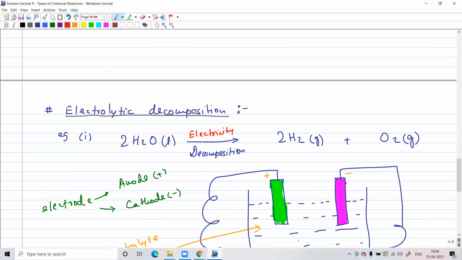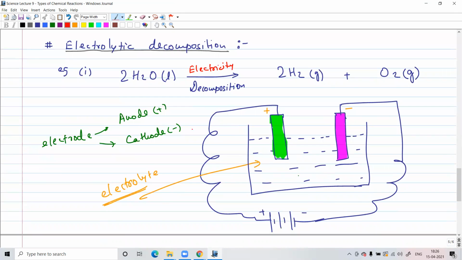And for electrolytic, all those electrolytes we saw have to be liquid. Only then can we make electricity pass through them, right? We can't have electricity passing through solids. It will not work. So for electrolytic decomposition, your reactant, the bigger compound which is getting decomposed, will always be liquid.